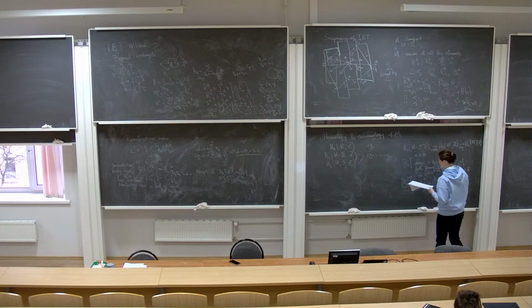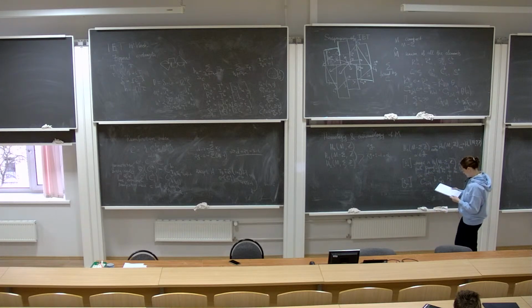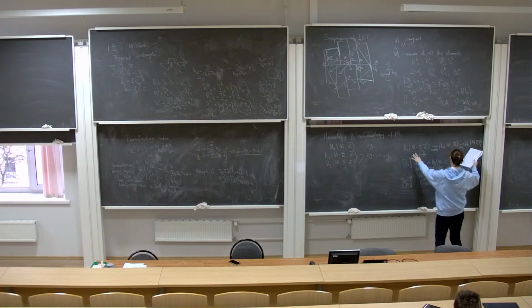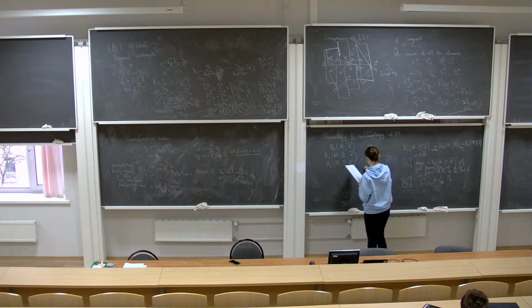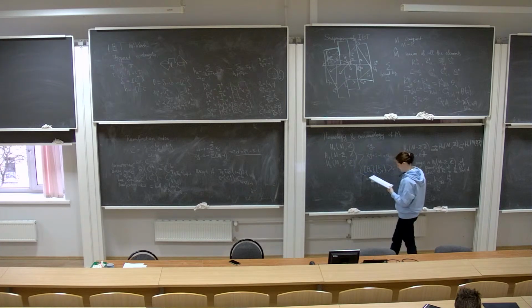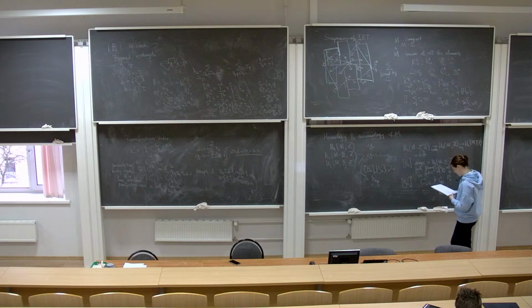So the intersection form in homologies establishes a duality between these two groups. How does it work? You consider the intersection form, as you always do for the cycles, on the surface, and you say that it's delta alpha beta.